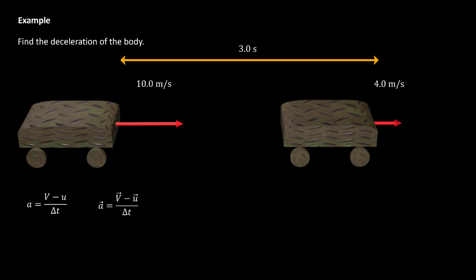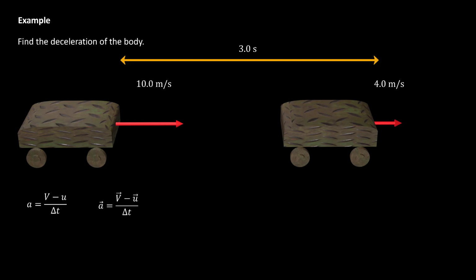If you contrast this way of writing the equation for uniform acceleration with the way the equation is written previously, you can immediately notice that the vector quantities a, v, and u now all contain an arrow on top of them, indicating that they are vector quantities.